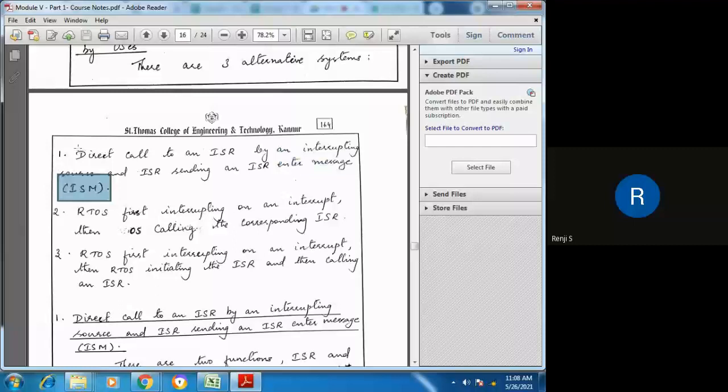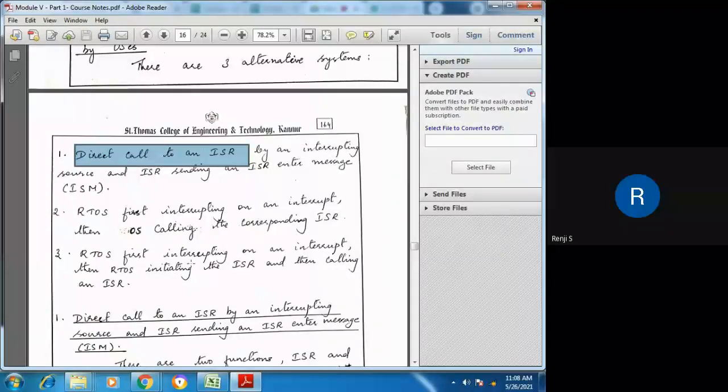So the first point, I'll repeat it once again. Direct call to ISR by the interrupting source. The interrupting source, instead of giving a request to the operating system, will call the interrupt service routine directly.